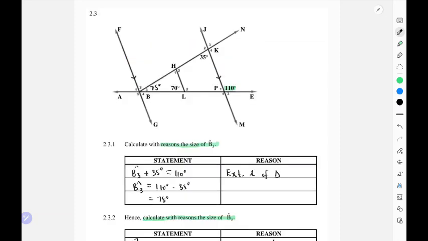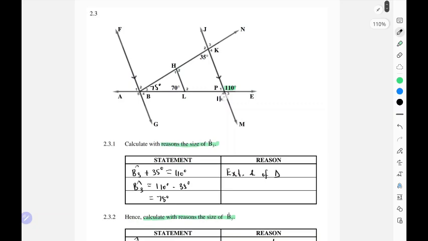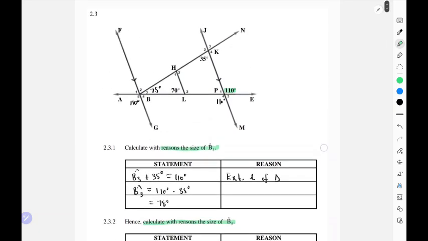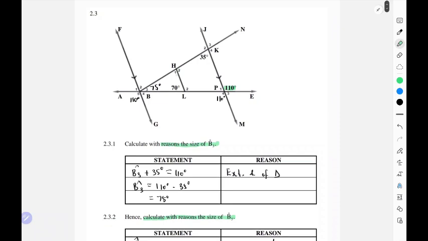So now we can just note P4 is 110 degrees. We can note B5 is 110 degrees. And the last statement wants us to prove with reasons that HL is parallel to KM. So they want us to prove that HL here is parallel to JM.